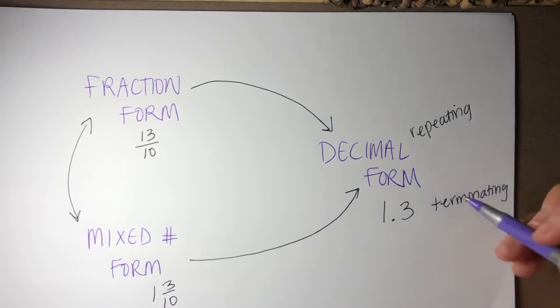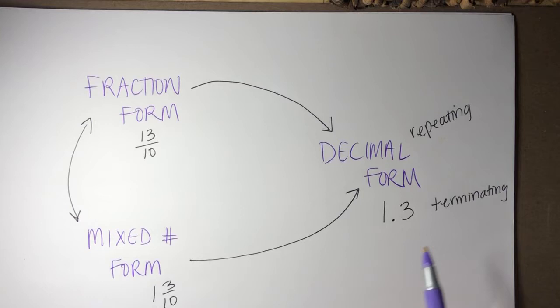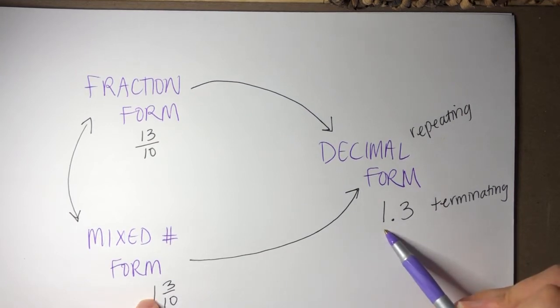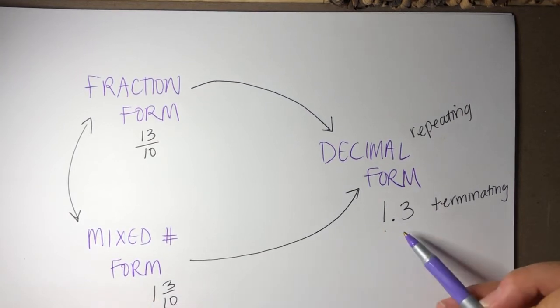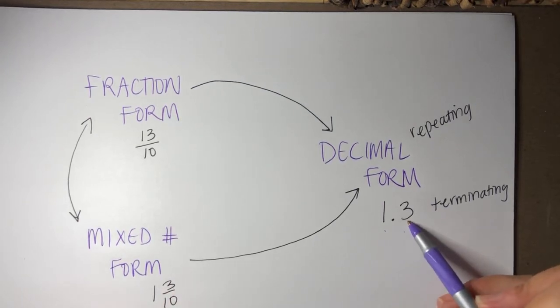Let's look at 1 3/10 first, just to get an idea. Well, 1.3 we know is equivalent to 1 3/10 written like this. Let's see what they have in common. They have that same whole number, 1, in both forms. And then we have 3/10 and 0.3.